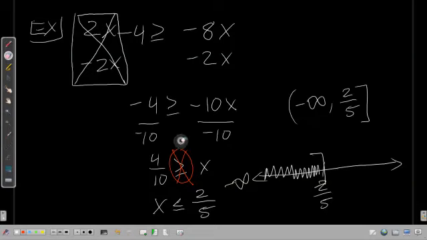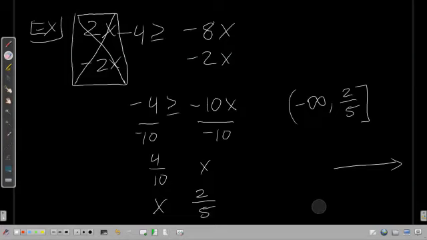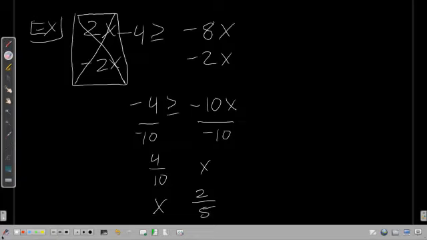So to fix that, flipping the inequality is exactly what needs to happen. If I flip the inequality, then the ultimate effect is that the graph changes to point the other way. That's just what it does.